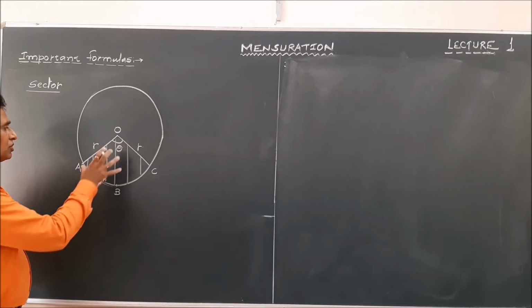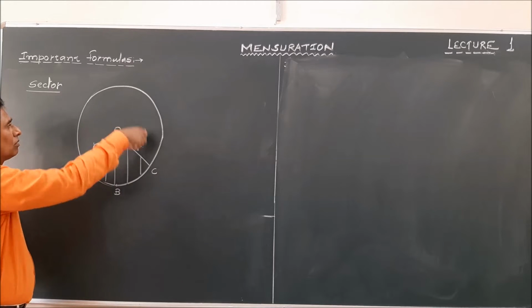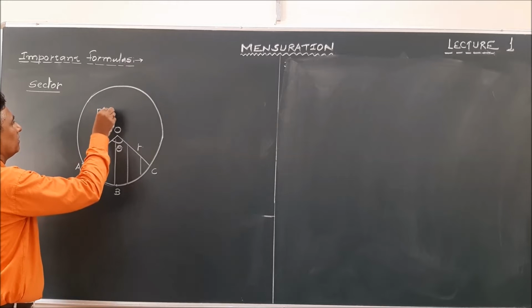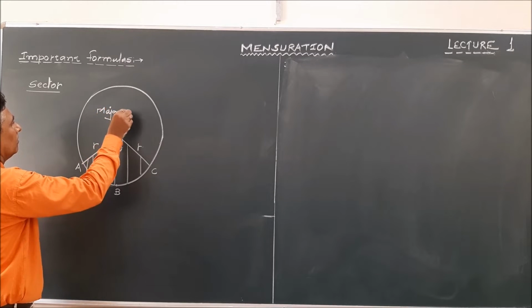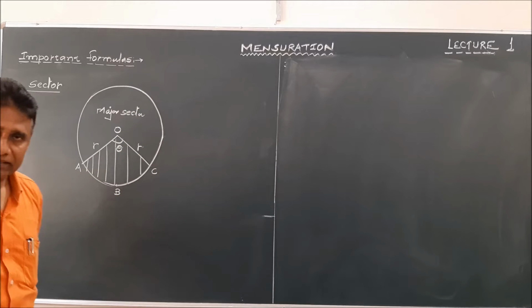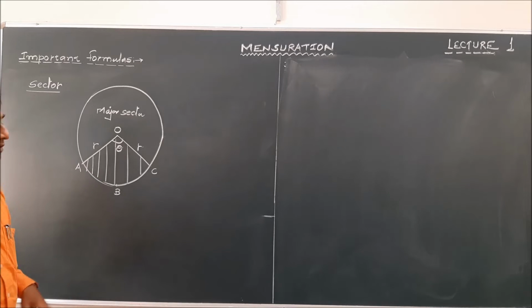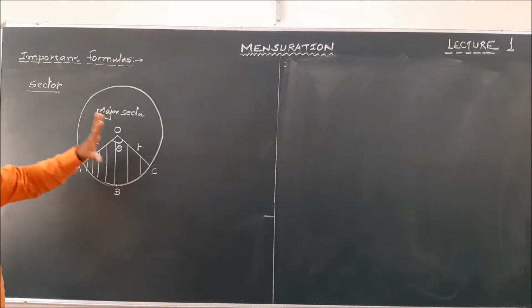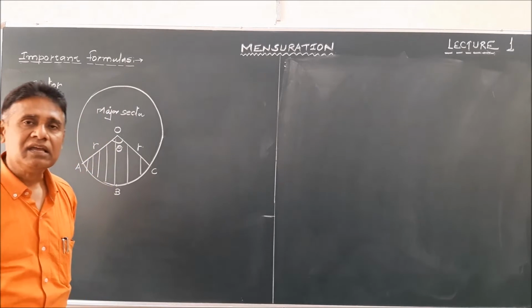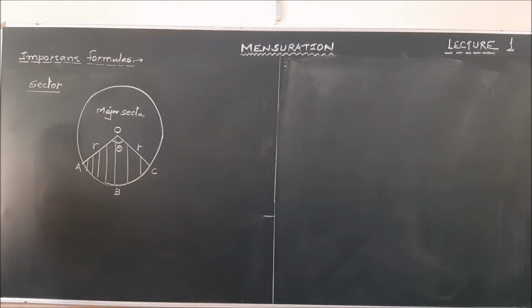So naturally you come to know this is the minor sector and this is the major sector. Area of major sector plus area of minor sector is always equal to the area of the circle.